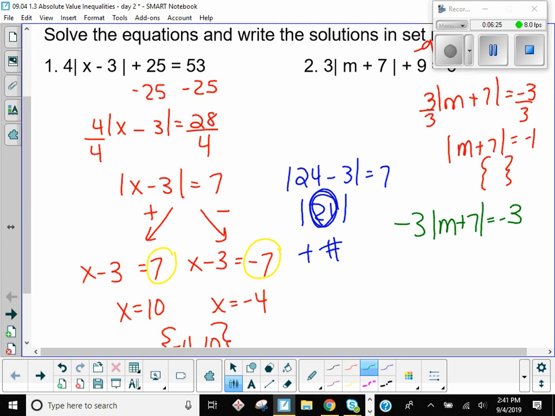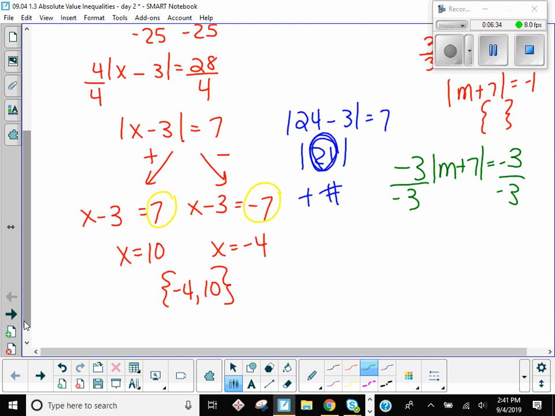Now you would get the wrong answer because what you have to do is one more step where you divide by negative 3. You have to completely isolate the absolute value all by itself. And in this case, you'd get positive 1 on the right, and you can do that math, right? You don't stop right there. In that case, you keep on and you make your 2 equations, and you get your 2 answers. So be careful.